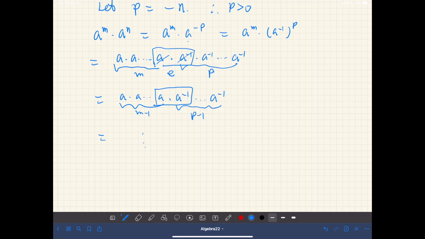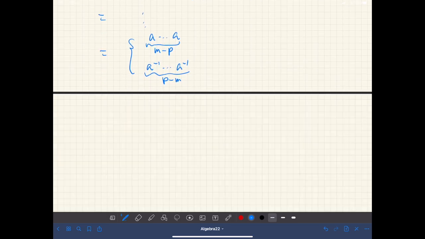So after all, the result would be either we have a, so m minus p a's, or p minus m a inverses, or e.